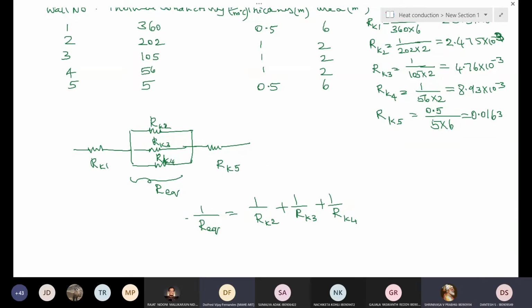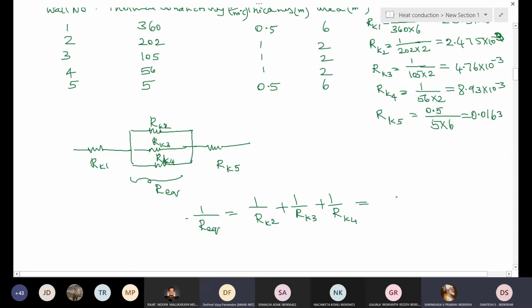Okay. R equivalent: substitute the RK2, RK3, and RK4, the equivalent of these three parallel arrangements. That gives 1.377 into 10 to the power minus 3.